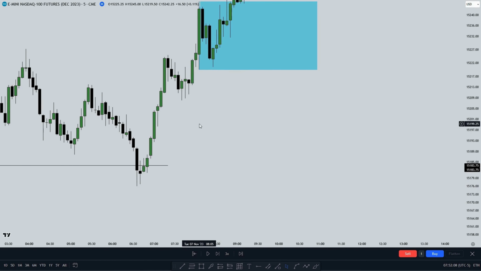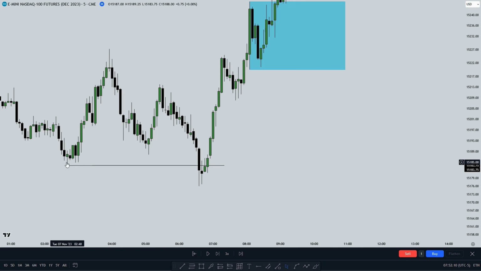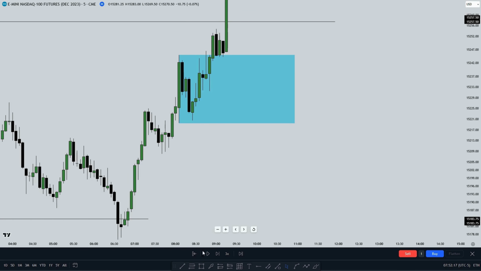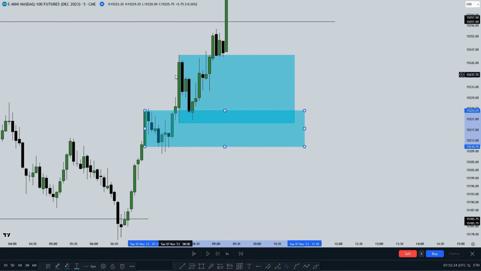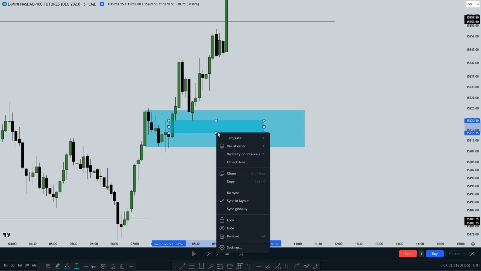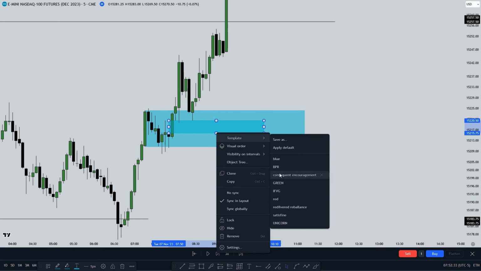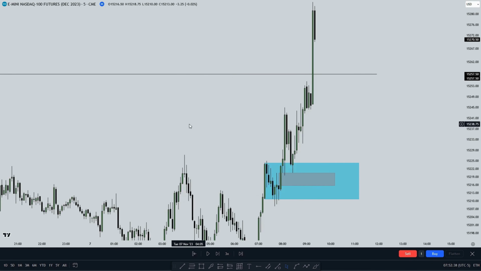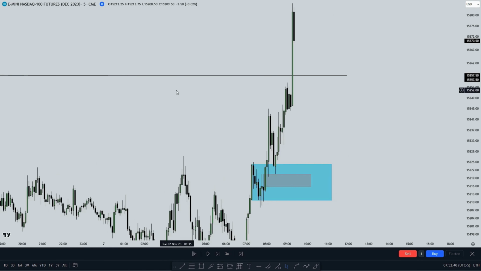Just to give you a bit of view of this, we come down and take out this sell side liquidity or resistance level. Then we start moving higher, and then we make failure swing lows, and then we create a mitigation block, as you see right here, with a fair value gap right here that we respect and go all the way up to this buy side liquidity.